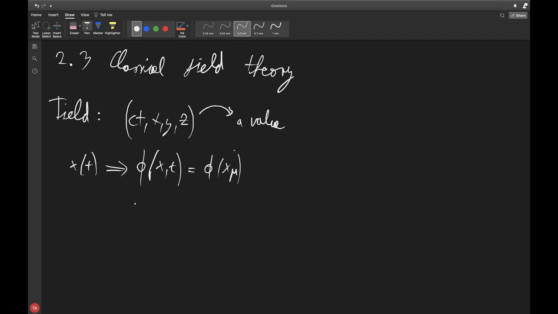So let's just use that. This phi is going to be now a field, and it's going to be a scalar field. It assigns a number, and because of that, we call it a scalar field.